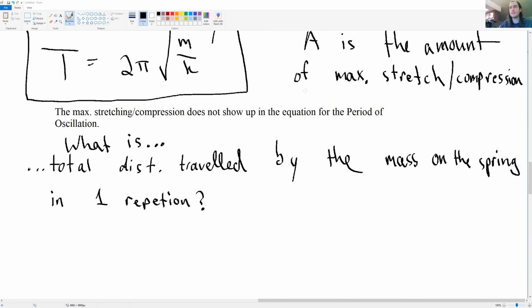If you didn't come to class, the question is the total distance traveled by the mass on the string in one repetition.